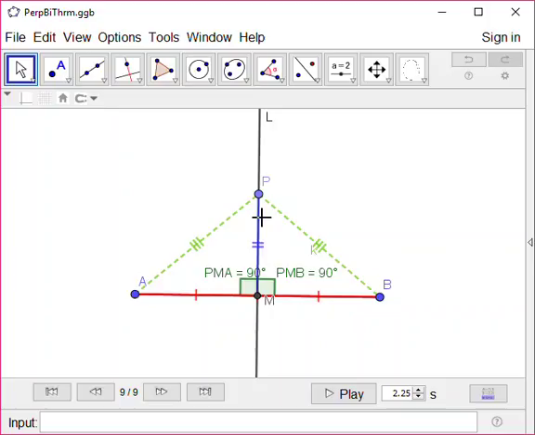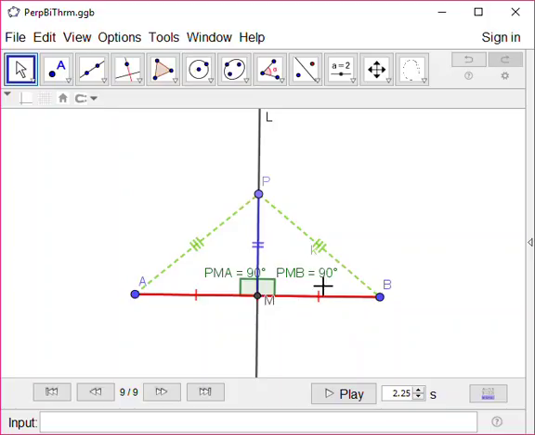Let M be the midpoint of segment AB of triangle APB. Construct PM.